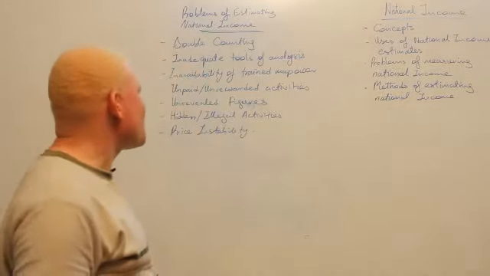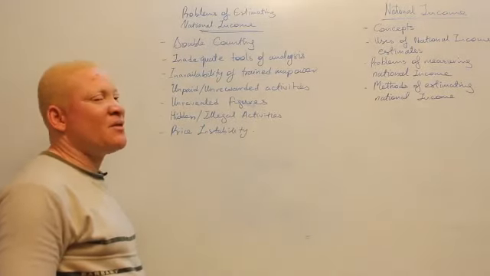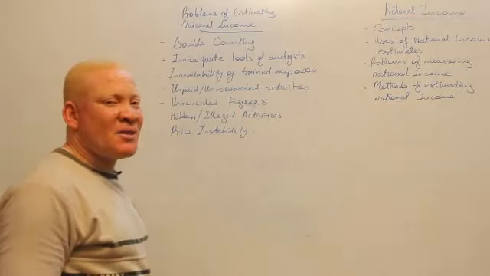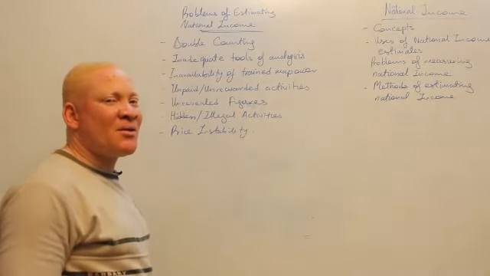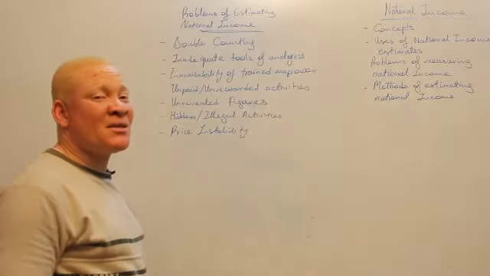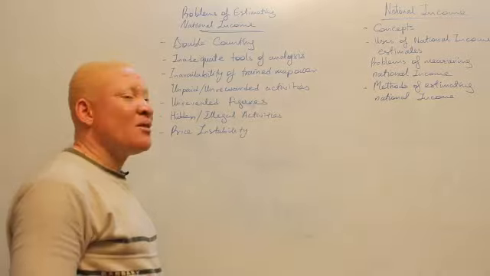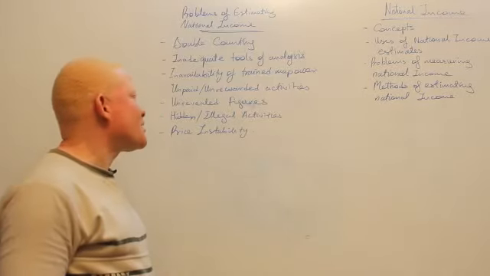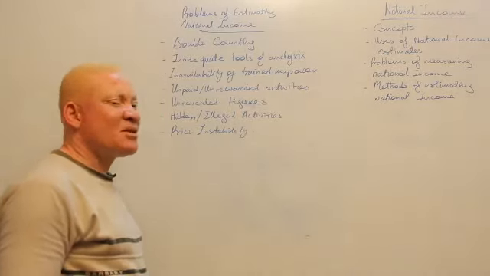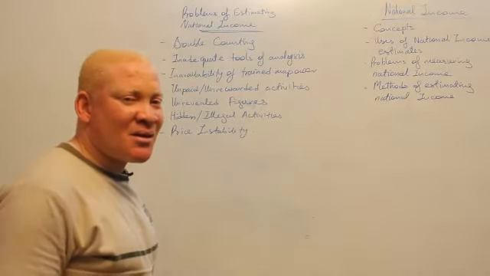The next one is unrevealed figures. That means individuals or firms who might not want to render accurate accounts will present inaccurate figures, and the other ones are unrevealed. Then the next one is hidden or illegal activities, which in some quarters are called the activities of the underground economy.